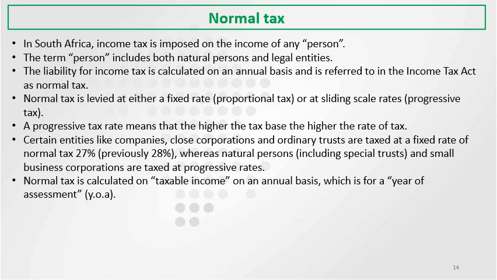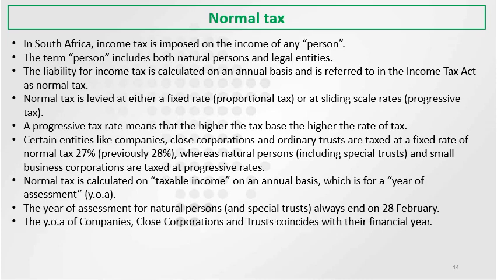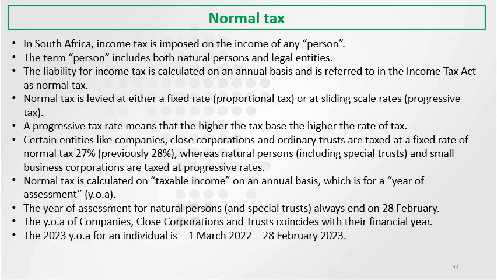Normal tax is calculated on taxable income on an annual basis, which is for a year of assessment. The year of assessment for natural persons and special trusts always ends on 28 February. Whereas the year of assessment for companies, closed corporations and trusts, including small business corporations, coincides with their financial year.